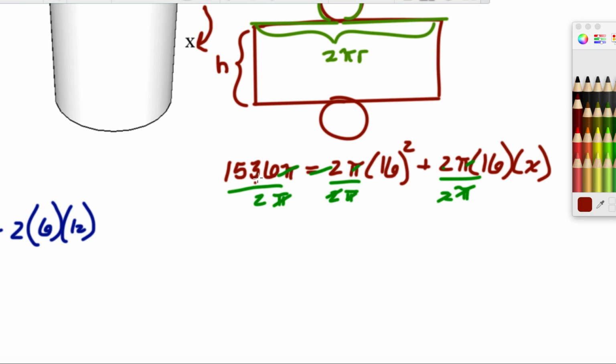How many times? Let's see, I've got to think about this. So 2 into 15, that's going to be 7, and 2 goes into 13 once.